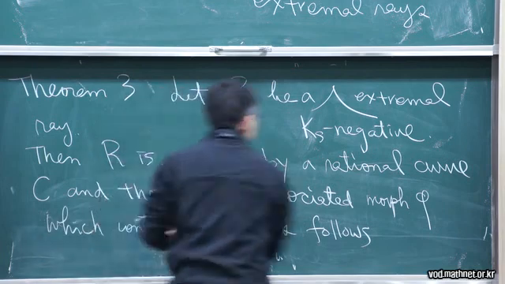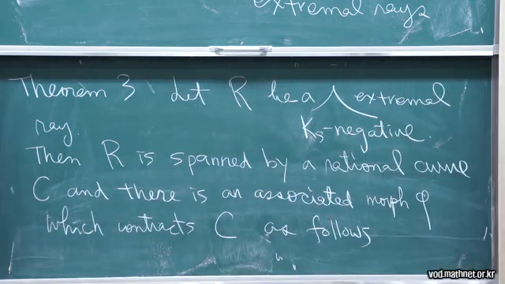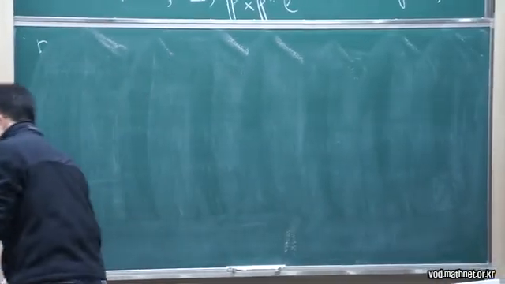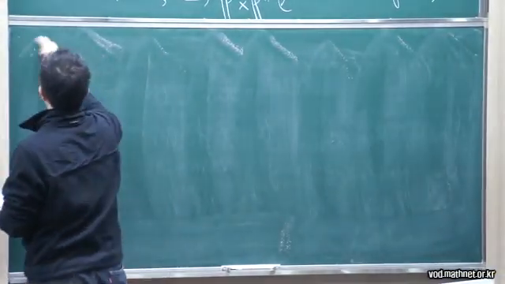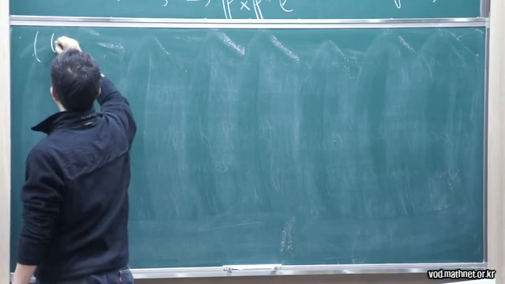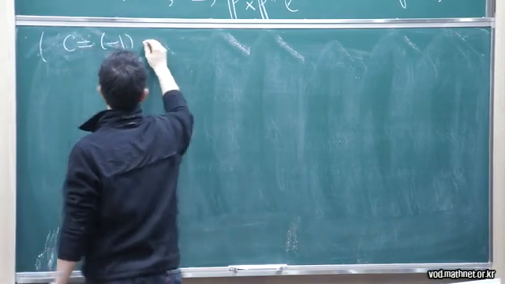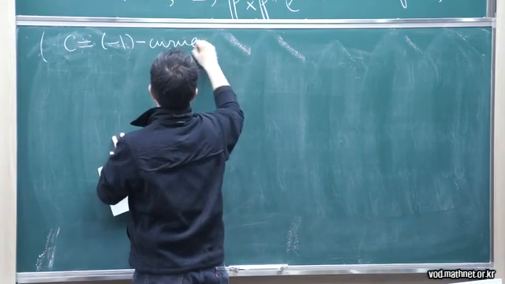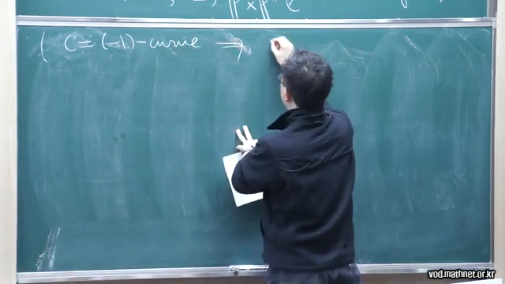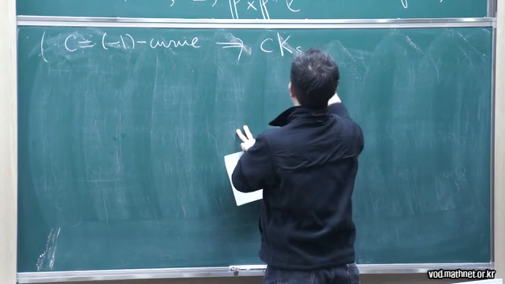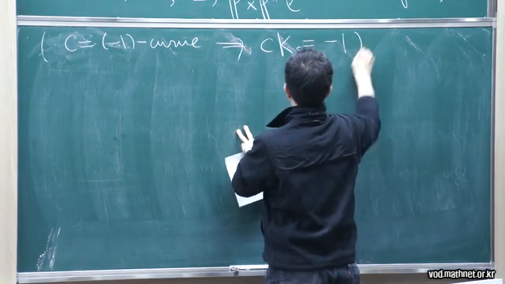So we have three cases. And here is a little remark. If C is a -1 curve, then you can check that K dot C is -1.